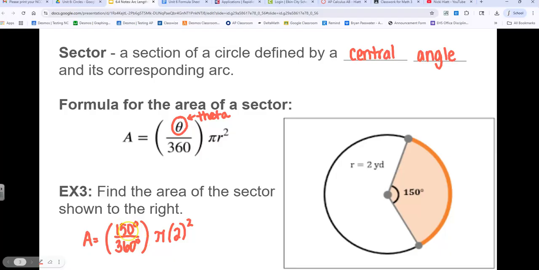You have 150 degrees out of a total 360, so that's your fraction of the circle, and you just multiply it by the area. And if we type that into the calculator, then we should get 5.236, and that will be in yards squared there. So it's much like finding area, except we're just going to multiply it by this fraction right here.